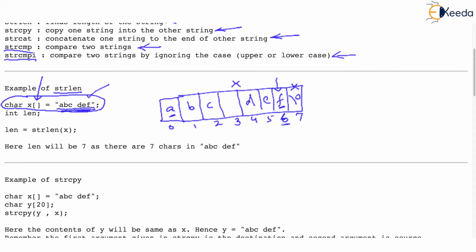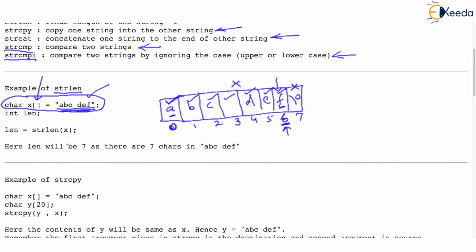Not 6, although F is stored at the 6th position, the length of this string is 7, because you will count A as the first letter, although it is stored at position 0. While counting we count first, second, third, even the space is counted as the 4th letter, then 5th, 6th, and 7th letter. So the length of this string will be 7.